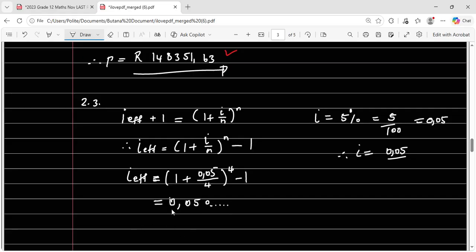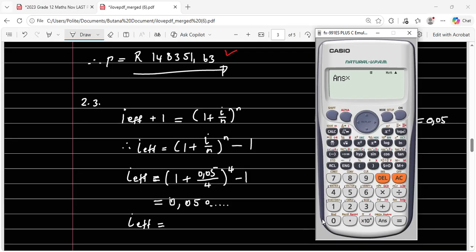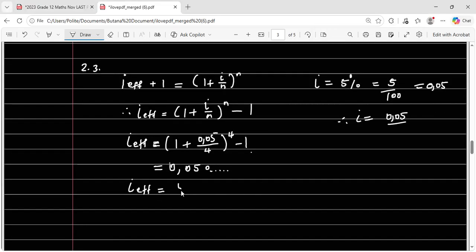I don't remember, but it's fine. I'll show you how to do the final answer. You take whatever you have on the calculator and multiply that by 100. When you multiply that by 100, the answer is 5.09%. So the i effective is 5.09%. Simple. You're done. That's it.